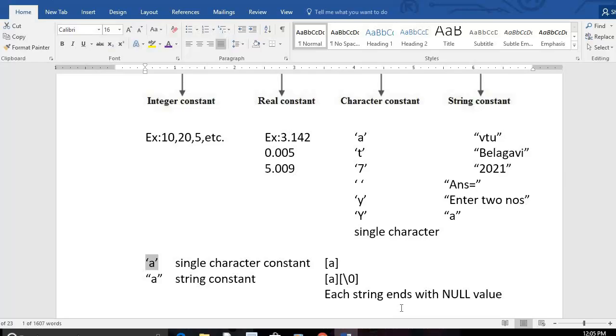Most commonly asked question during interview or computer programming lab viva: what is the difference between this and the second one? Sir, first one is single character constant, second one is the string constant. As I told in my previous lecture videos, strings means words or sentence. In Kannada we call shabda or vakya, that is the string.